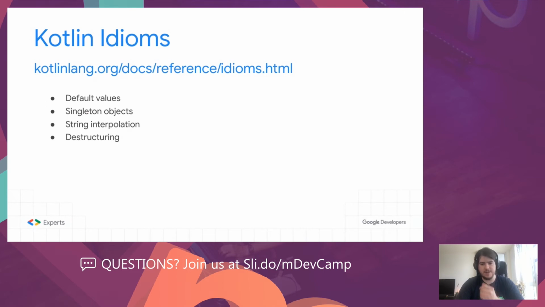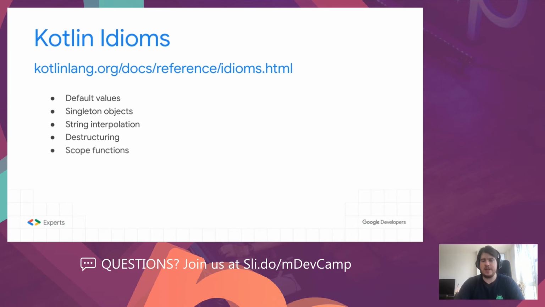This is probably more familiar to JavaScript developers, where if the class instance is a data class and has these component methods generated for it, you can destructure these into individual variables. Consider maybe a pair of two strings, and you want to turn it into two strings. You can do so with destructuring.